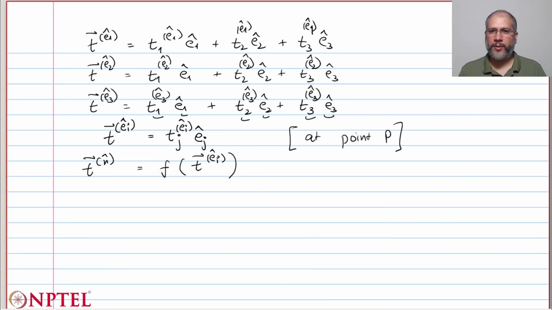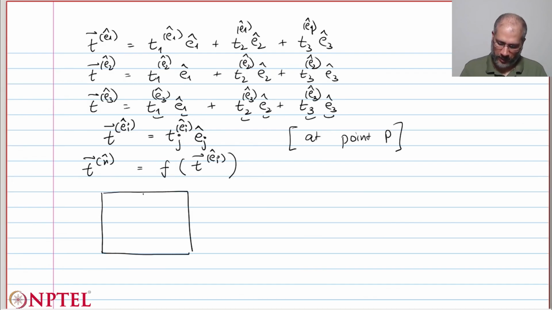And by the way, if we can do this, which I'll tell you we can, because that's the reason we are doing this exercise, then our state of stress will only require us to specify this information.